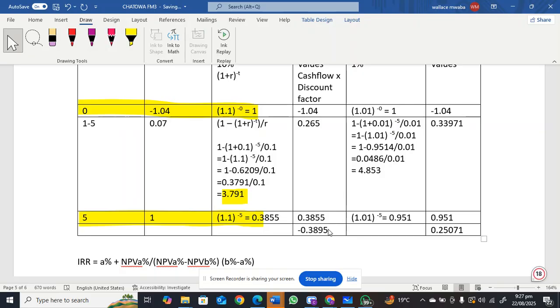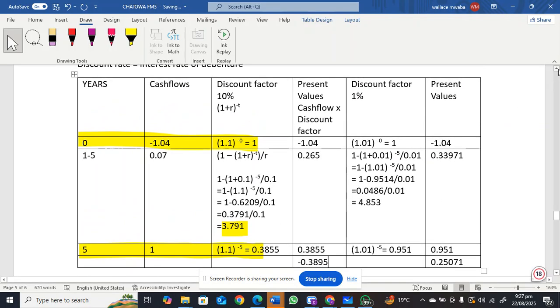Okay. Then remember, with the internal rate of return technique, you have to have two present values, one positive, one negative. So remember this: if your first present value is negative, reduce the discount rate.